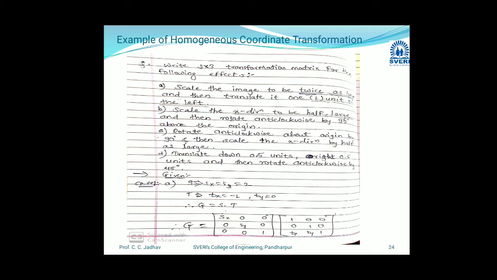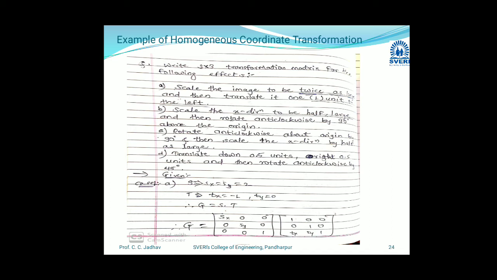In that, first, scale the image to be twice as large and then translate it 1 unit to the left. This is the scaling problem plus translate. There are two operations. We are doing multiple operations at a single point. That's why we are using the homogeneous transformation system.